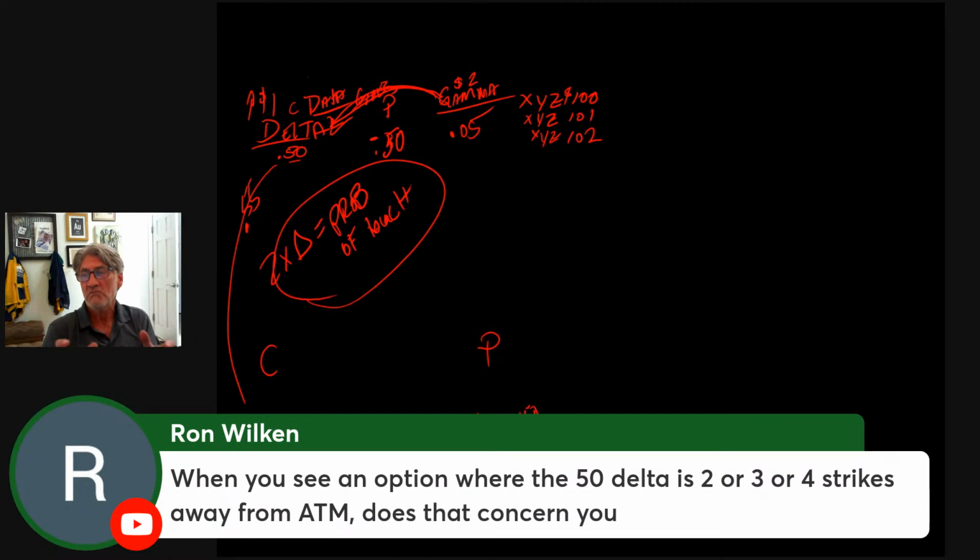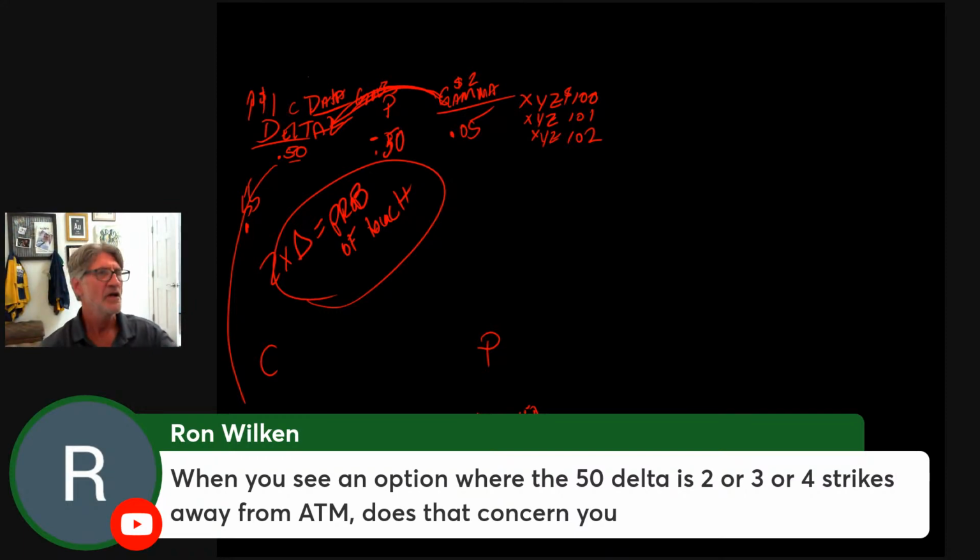The concern? No, it doesn't really concern me. Actually, I look at it as opportunity, because I know when I start getting massive skew, especially like 4 strikes away, I know it's just ridiculous. When Bitcoin was blasting off at one point, you couldn't even find a 50 delta option, which means the 50 delta option hadn't been released yet, which is just absolutely mind-boggling, like $20,000 higher in Bitcoin.